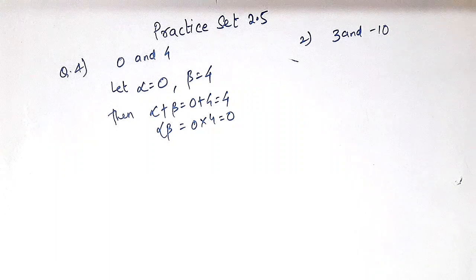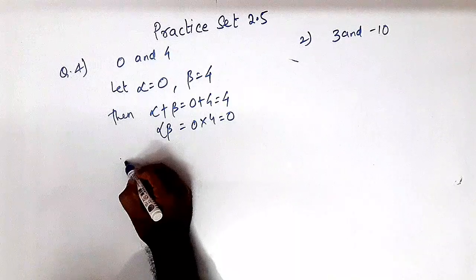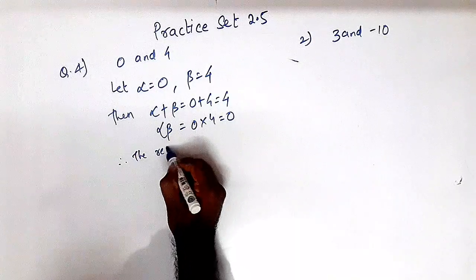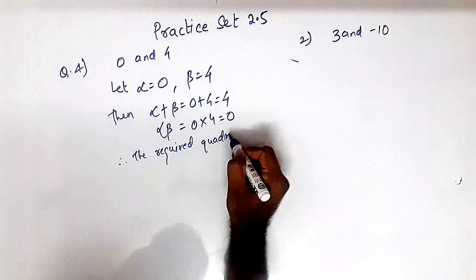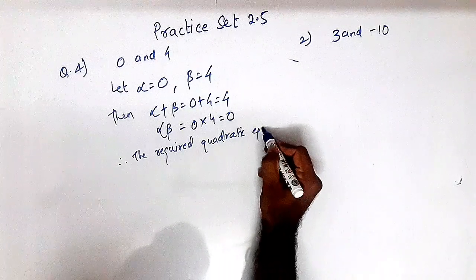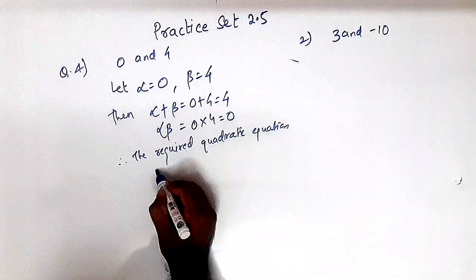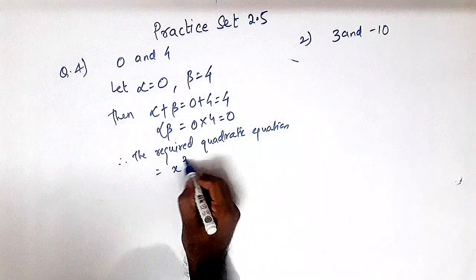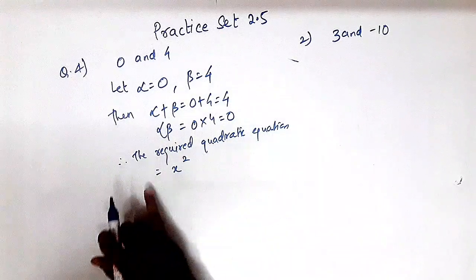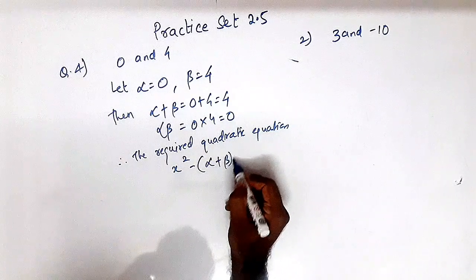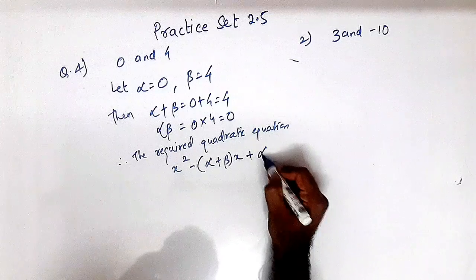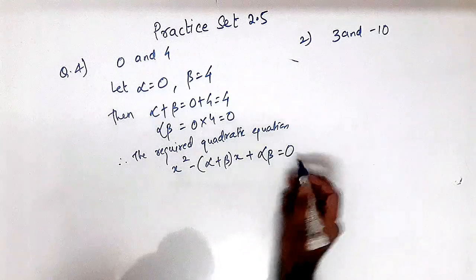Now for writing the quadratic equation, we have to write, therefore the required quadratic equation is x square minus sum of the roots into x plus product of the roots equals to 0.